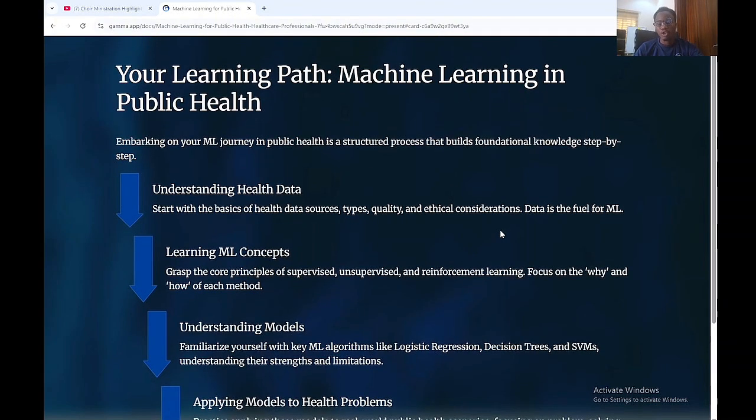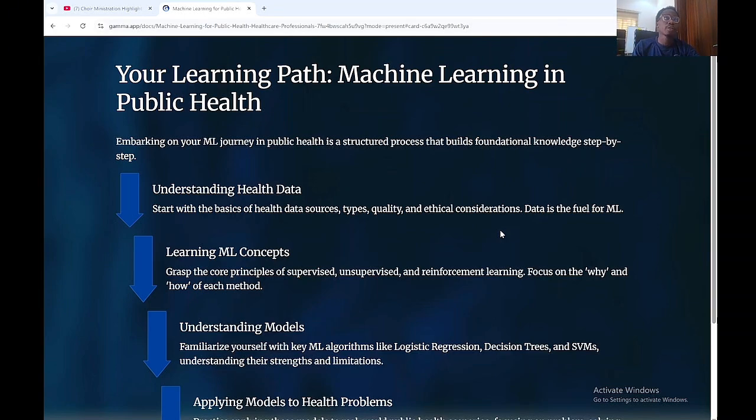Now, I'm just going to talk about some of the learning. If you want to get started with learning machine learning, particularly as a public health professional, one of the things you need to understand is that it has to go through a structured process, okay? You need to start with the basics of health data. You need to understand data: what is data, statistics, types of data.